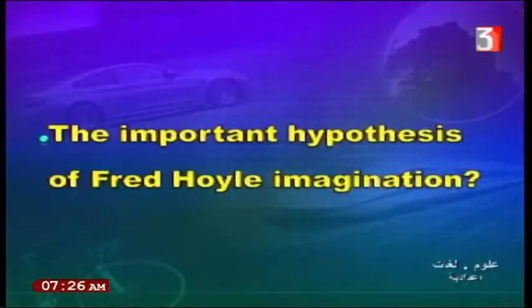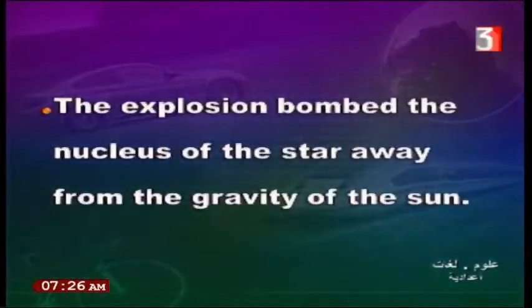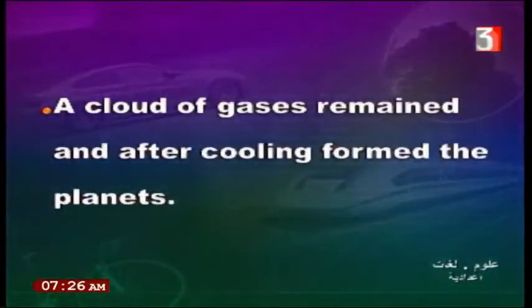Okay, the important hypothesis of Fred Hoyle's imagination. There was a star rotating near the sun, and this star exploded due to a huge nuclear reaction. The explosion pumped the nucleus of the star away from the gravity of the sun, and a cloud of gases remained, and after cooling formed the planets.